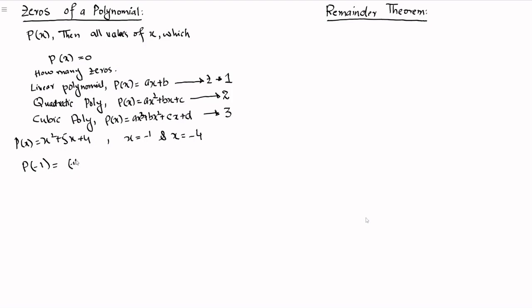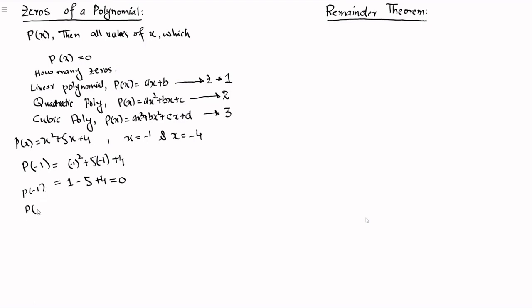So minus 1 square plus 5 into minus 1 plus 4. Minus 1 square is 1, plus 5 multiplied with minus 1 is minus 5, plus 4, which is equal to 0. So p of minus 1 is equal to 0.